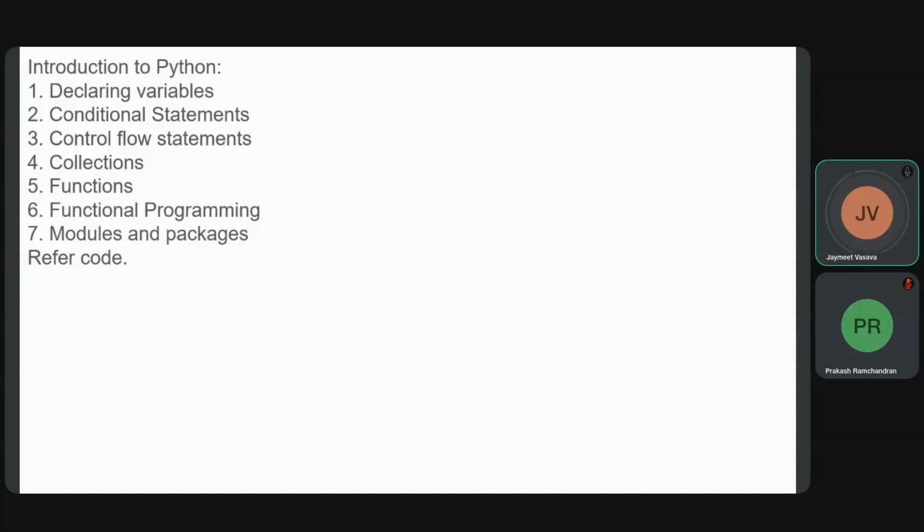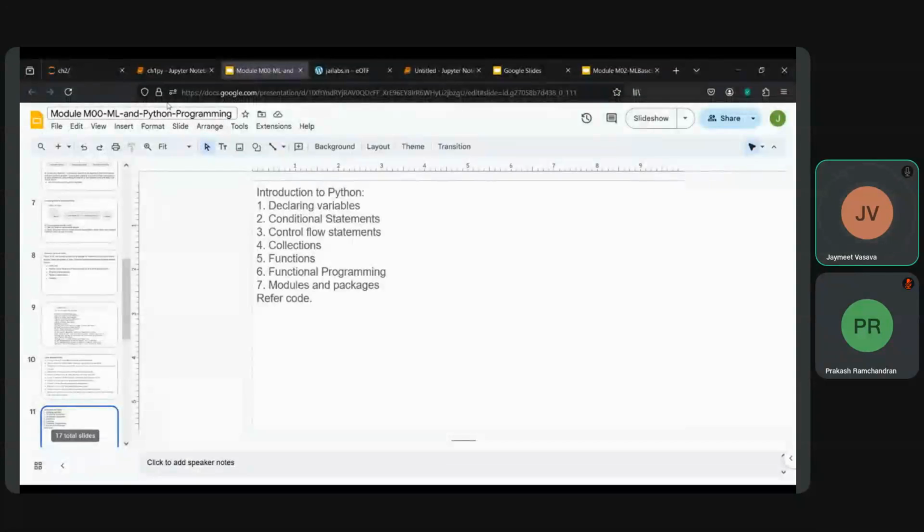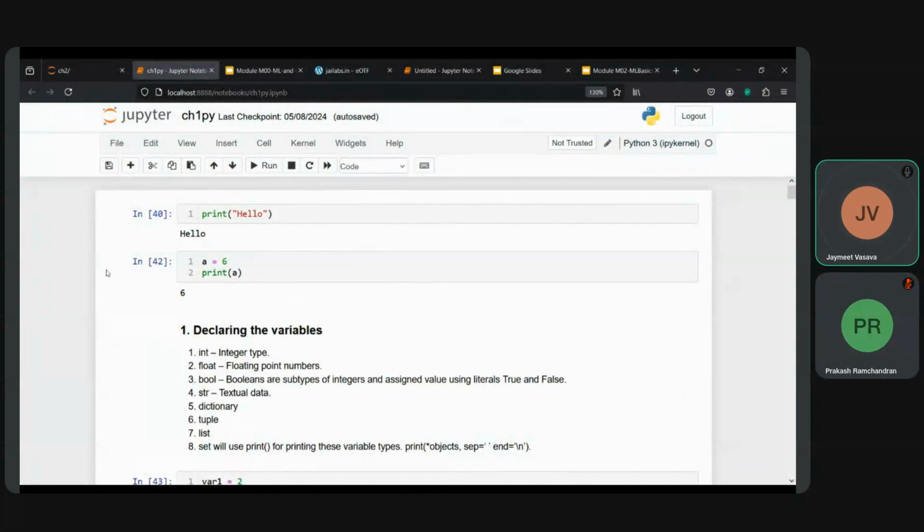So, as for the learning objective that we have for this session, we had a quick introduction regarding machine learning. Now let's have a quick introduction to Python. I hope you are able to see the screen.